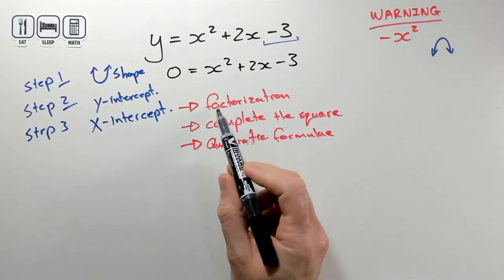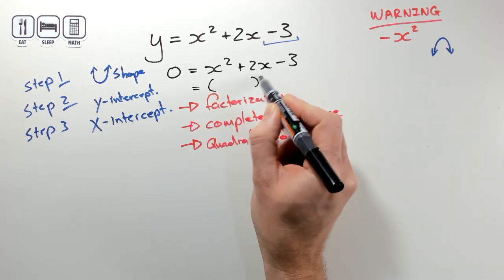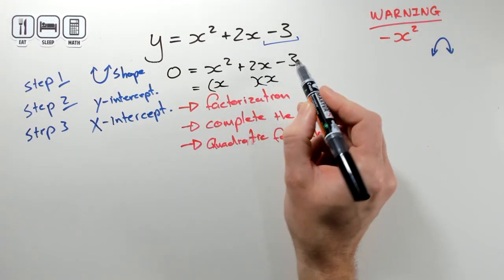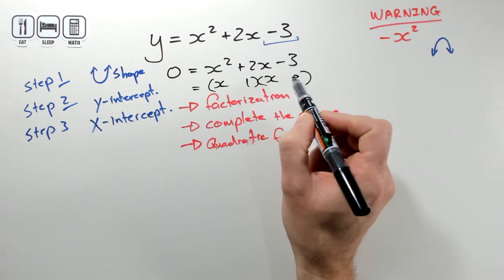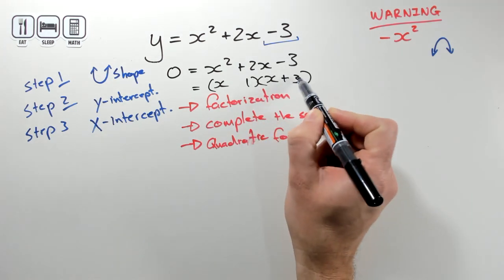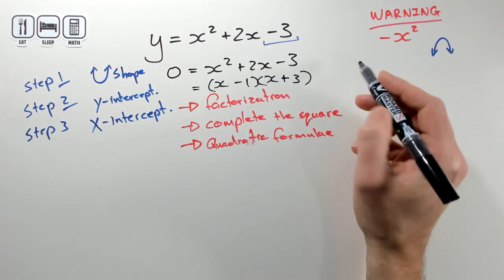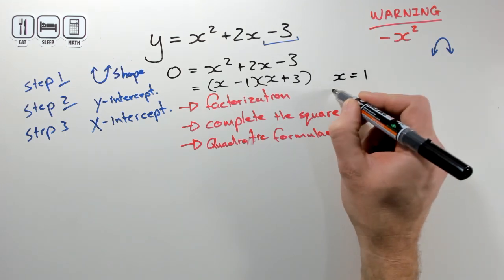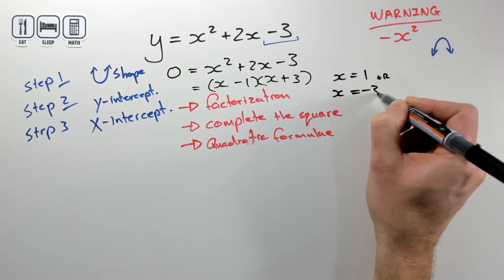If you use factorization, that would be the easiest one in this case. You'll have those 2 brackets there. You'll have an x here, and then 2 numbers that multiply to 3. Well, that's a prime number, so that's going to be easy. And I need to get a +3 and a -1 to get to +2. So my answers here would be x is equal to 1, or x is equal to -3.